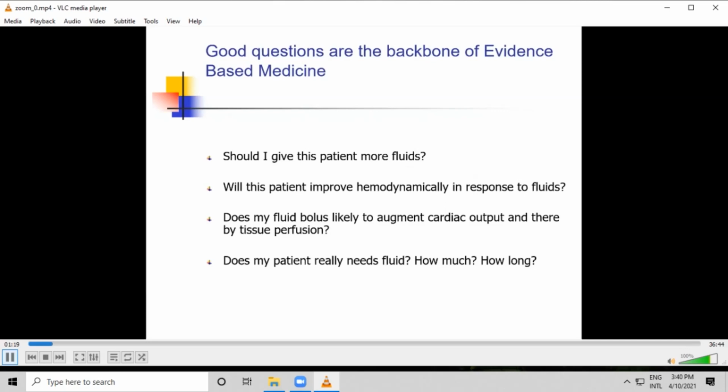Is my fluid bolus likely to augment cardiac output and thereby improve tissue perfusion? Does my patient really need fluid? How much and how long? These questions need to be addressed, and for that we will continue with discussion of the topic.